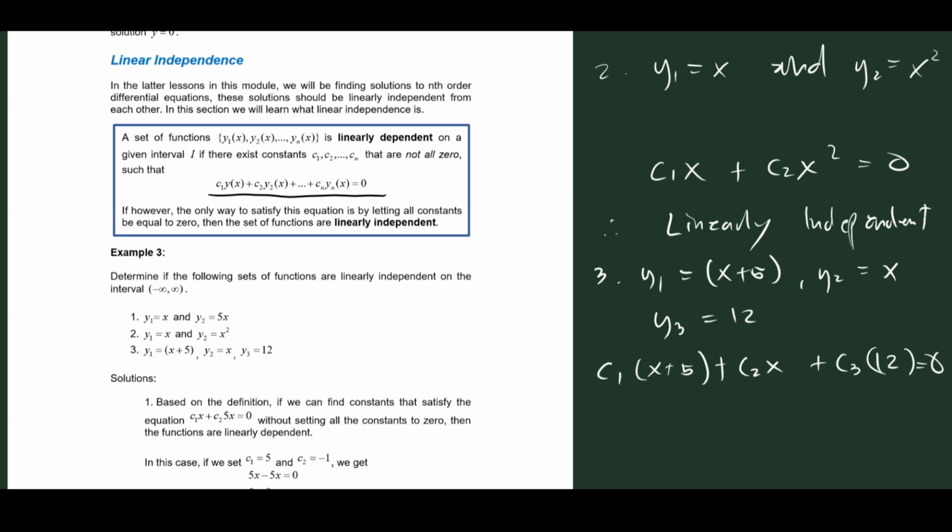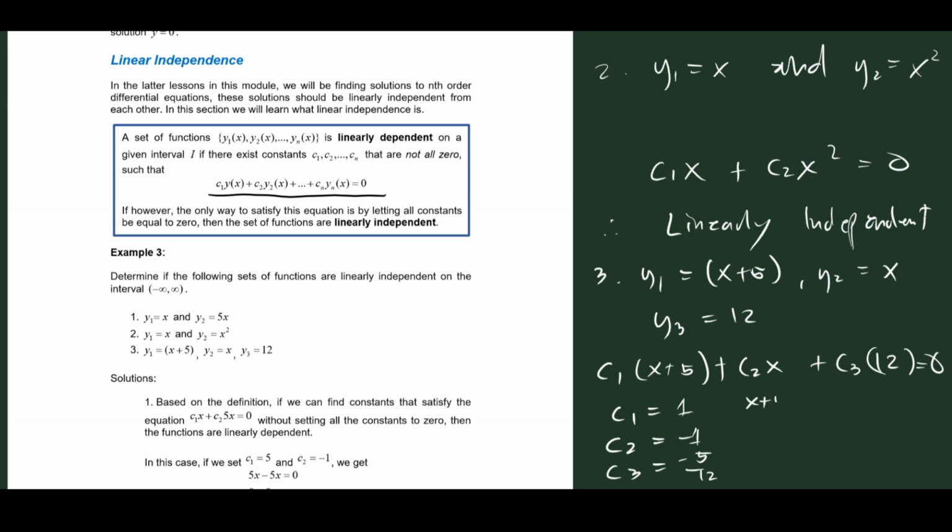Because as you see here, we set c1 to 1, c2 to -1, and c3 to be equal to -5 over 12. So what will we get?